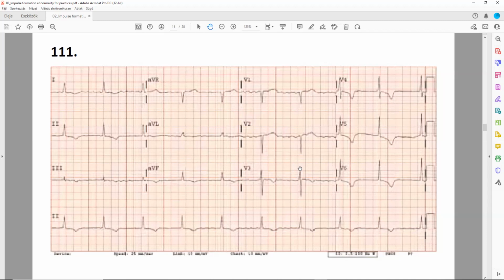For the axis, lead one is positive, and aVF is also positive, so it is normal. But I'm not sure, I think it's junctional escape rhythm. Very good, that's a junctional escape rhythm.